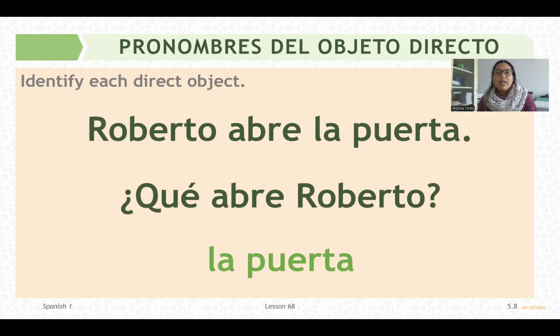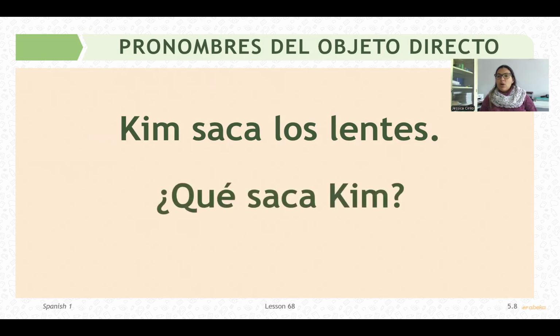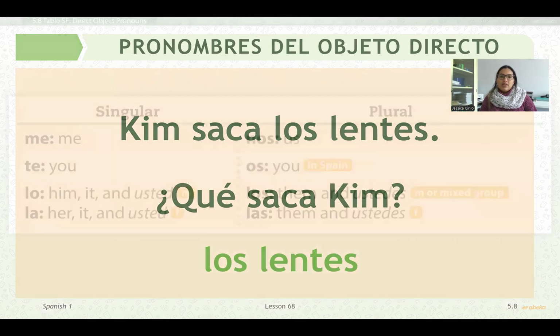So if we wanted to replace that, as I said, it's Roberto la abre. Okay? So here, Kim saca los lentes. The question you need to ask to know what the direct object is: ¿Qué saca quién? Los lentes, right? So that will be the direct object.